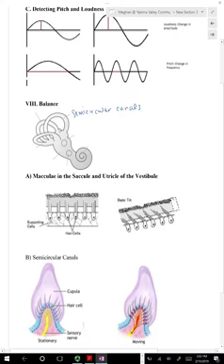And then this whole area right here, sort of in the center, is called the vestibule. This shell-like structure, that's the cochlea, that's for hearing, it's not for balance. These two are both balance structures.